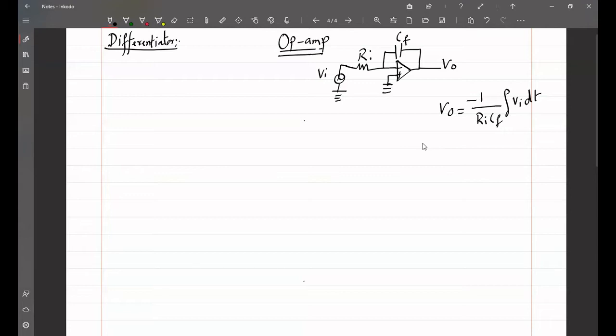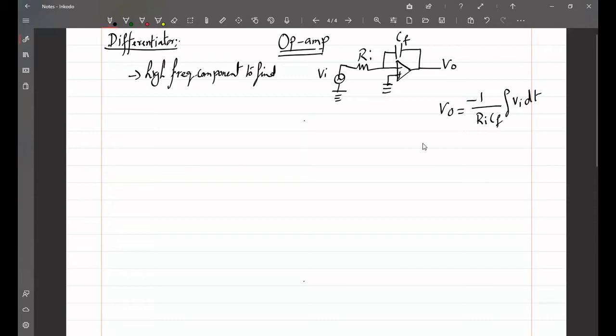It is used to find the high frequency component of the input signal, and it is one of the examples of a differential amplifier.